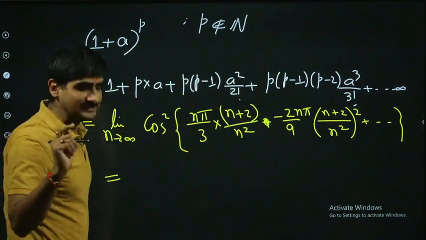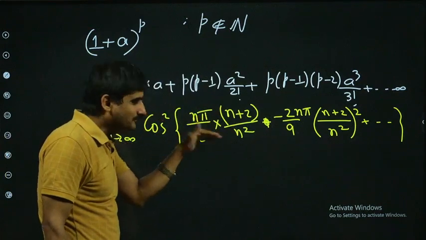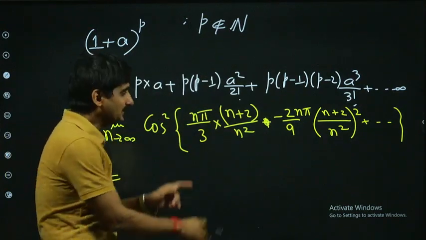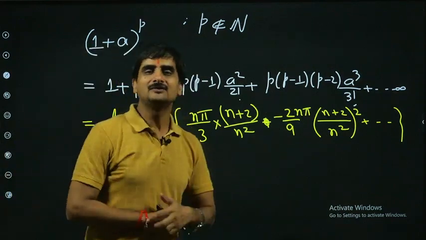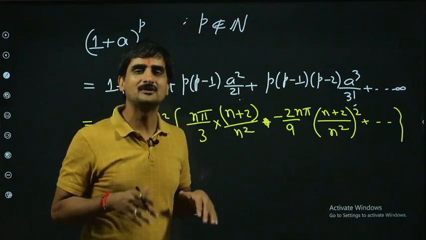Now see, as n approaches infinity, this is infinity by infinity form in all the terms. So here, the highest degree of numerator and the degree of denominator, the highest degree term, both are of power 2.